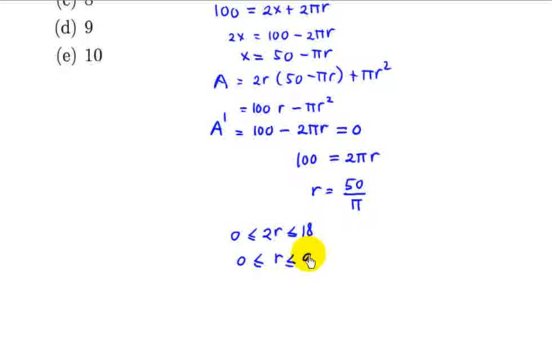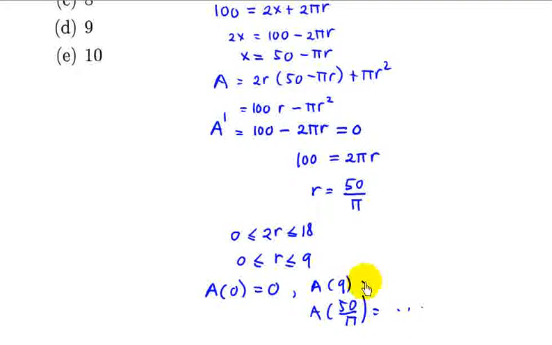So what we need to do now is to check the value of A at 0, 9 and 50 over pi, and compare which value gives the biggest value for A. So A of 0, plugging it in here, will be 0, and then A of 9 and A of 50 over pi.